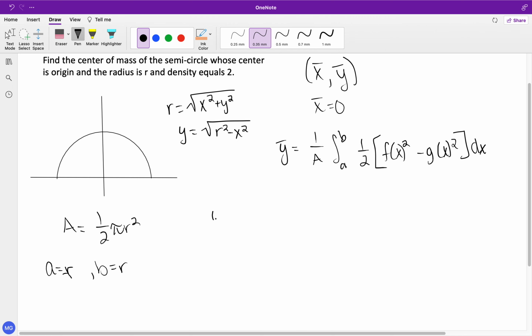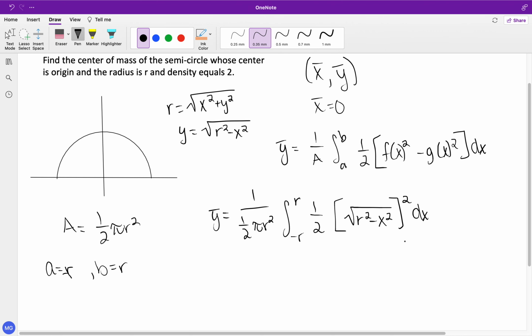So we will have that y bar is equal to 1 over 1/2 pi r squared, integral from negative r to r, 1/2 times our function, which is our f of x, which is the square root of r squared minus x squared, the whole squared, dx.